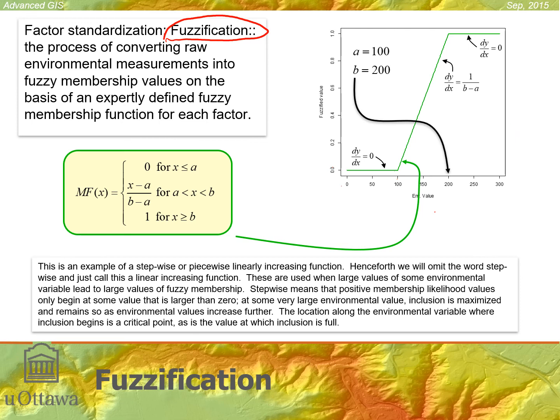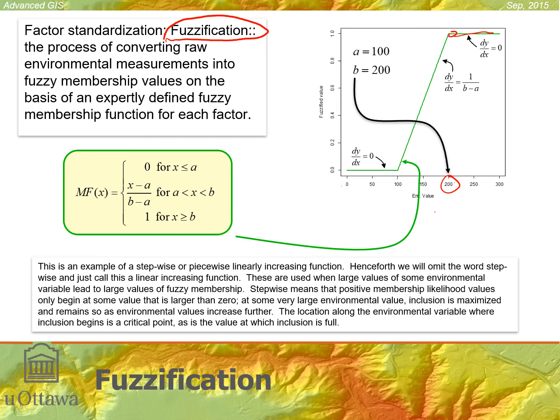From 100 to 200, we have this slope right here. This slope is constant, as you can see. It's just a straight line segment. And it's 1 divided by 200 minus 100. So in this case, 1 over 100 is the slope, until 200, in terms of the environmental value, like number of days above 0 degrees Celsius.